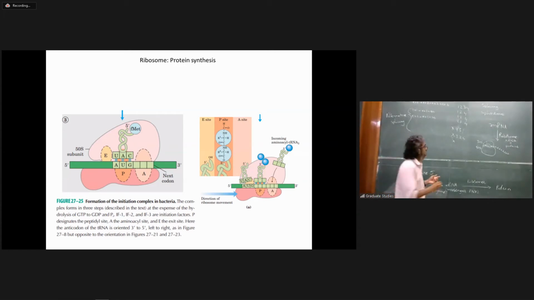Once the 3 nucleotides are there, at the decoding region, depending on the codon, they bring in the corresponding tRNA. So tRNA, let's say alanine.